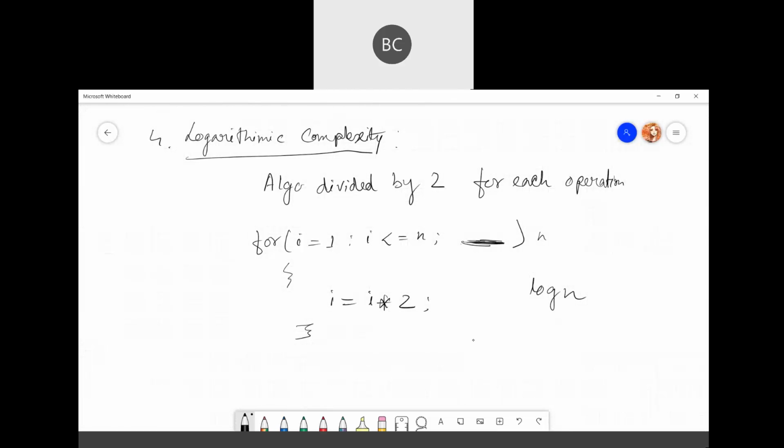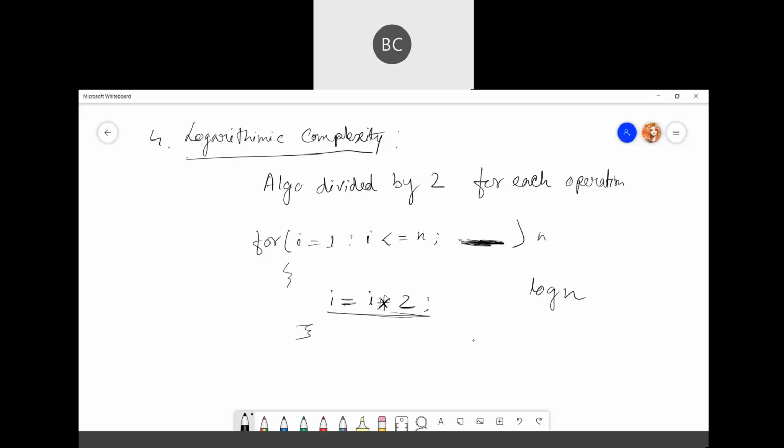I'm not writing I plus plus here; the increment will be twice I. Here the increment function is null, I didn't mention how it is going to increment, so that increment part I have mentioned here: I will be increased by twice of I. When I show you the binary search algorithm, it will be more clear how we calculate this.